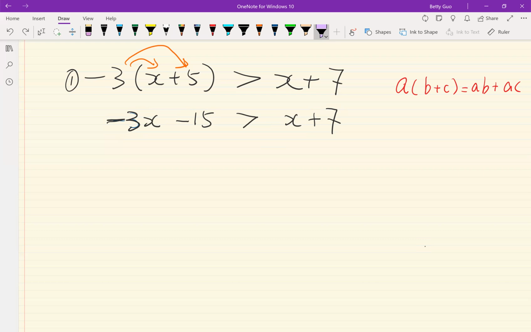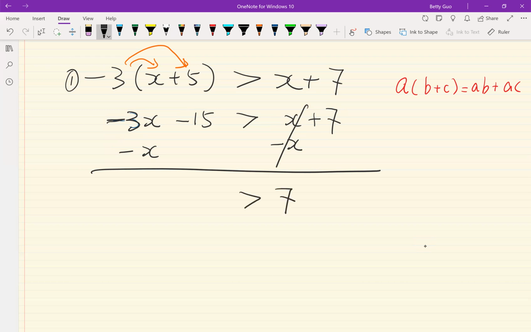For example, you can minus x from both sides. Then these 2 cancel, correct? Then on the right-hand side, you have 7. On the left-hand side, what's negative 3x minus x? Negative 4x.